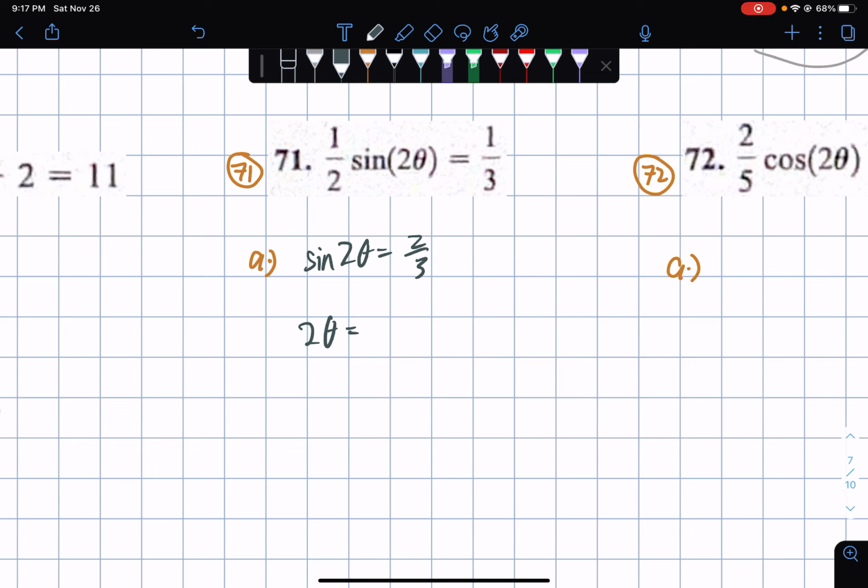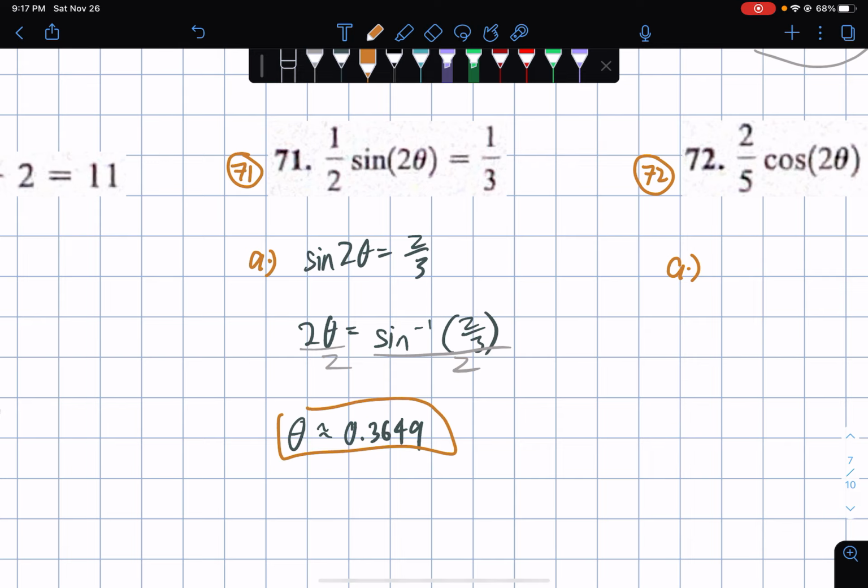I think this is a double angle identity, or at least something associated with the term. We eventually divide both sides by 2. After all that, theta is approximately 0.3649. That's for number 71.